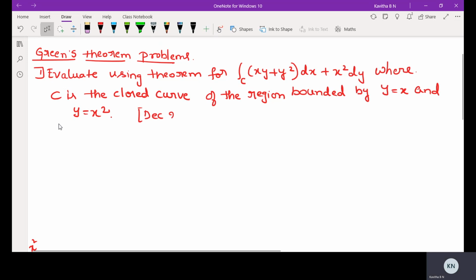This question appeared in December 2016 and also June 2017 in the VTU question paper.